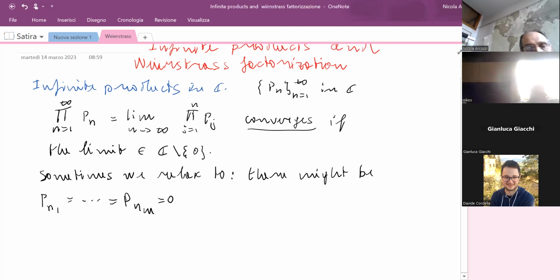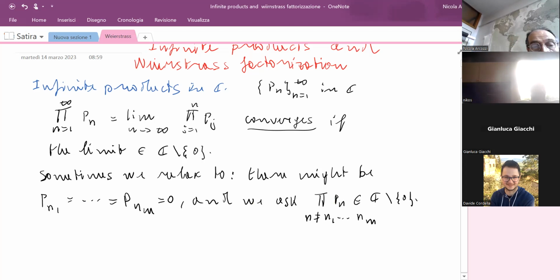So some of these factors may be 0, so the product, of course, is 0. And we require the product for n different from all of these to converge in C minus 0.